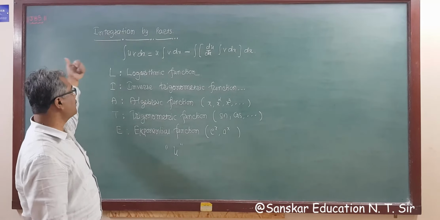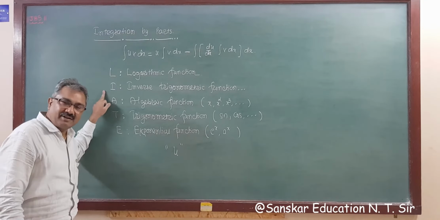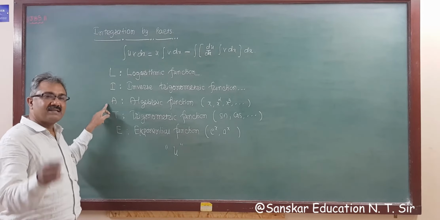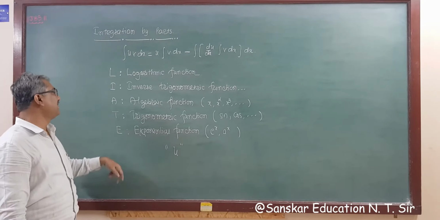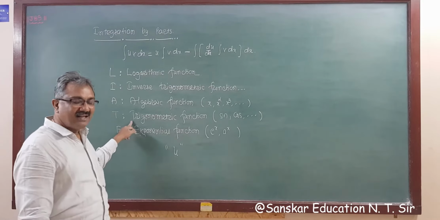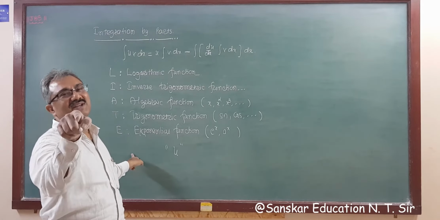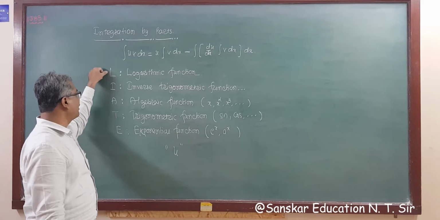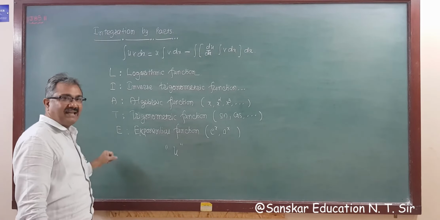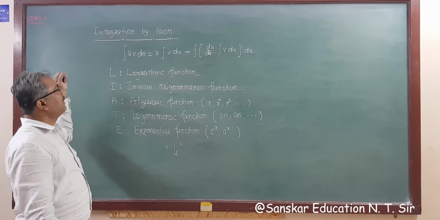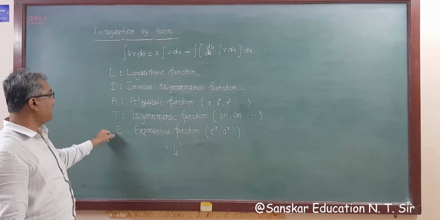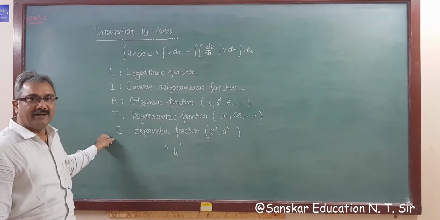If log is not there, check whether there is any inverse function. If inverse is not there, check for algebraic. If algebraic is not available, go for trigonometric. If no trigonometric function, then there must be an exponential function. So you have to go in the order of LIATE: logarithmic, inverse trigonometric, algebraic, trigonometric, and exponential, right?